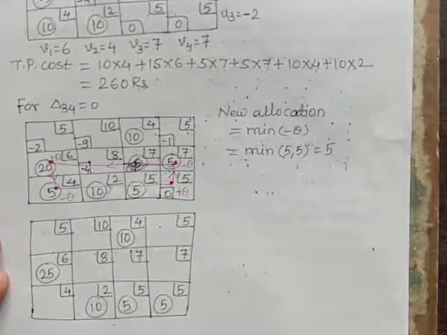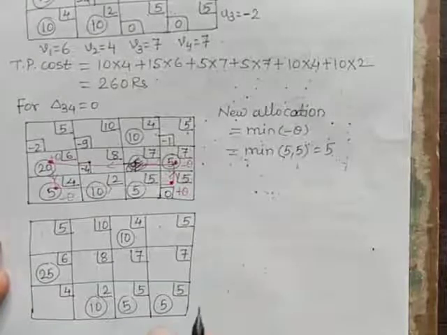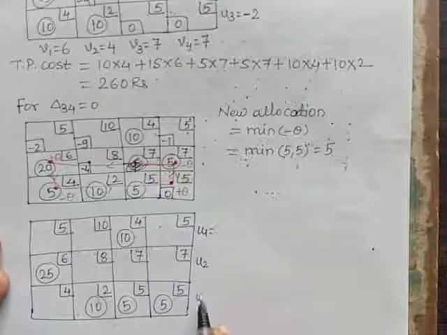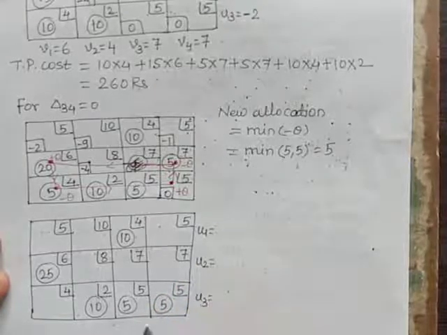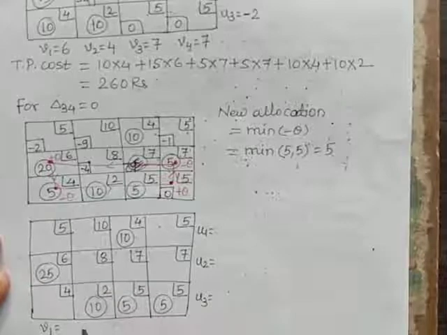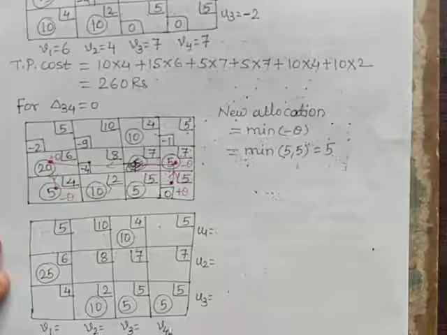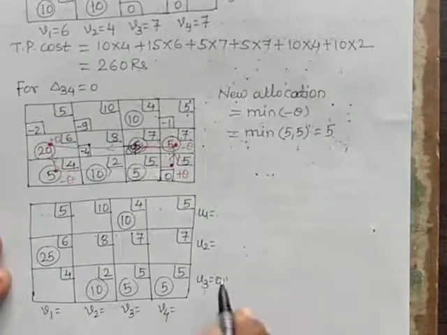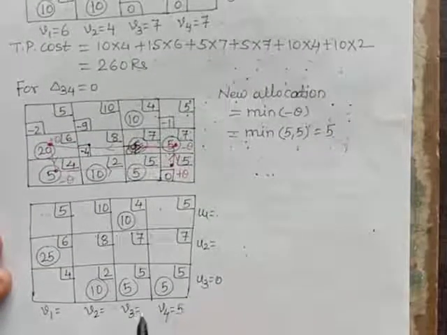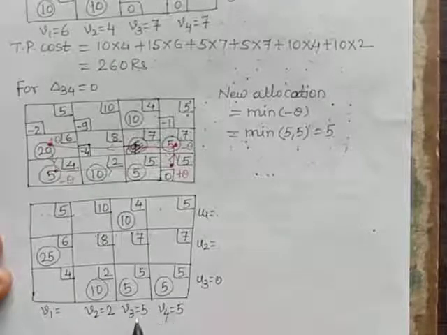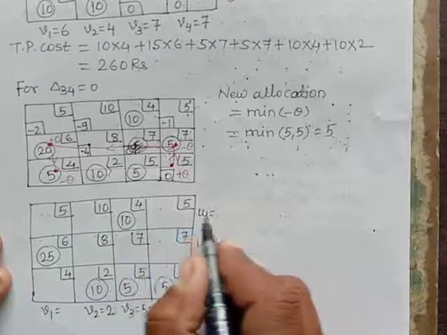Okay. Now let's find out Ui and Vj. So U1, U2, U3, V1, V2, V3 and V4. So here there are 3 allocations. So U3 I am taking as 0. So U3 is 0. Due to that V4 will be 5. V3 is 5 and V2 is 2. Now once we get V3, we can get U1.